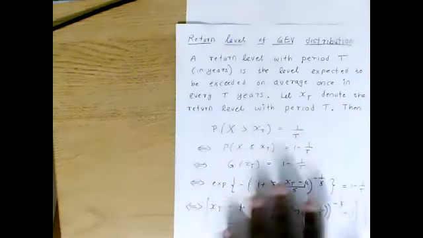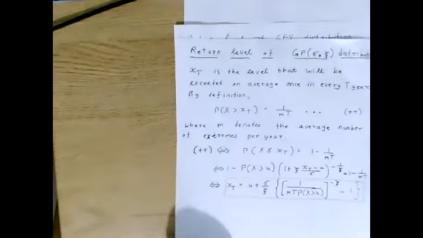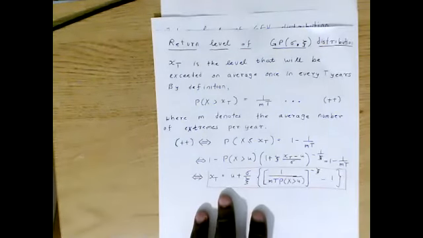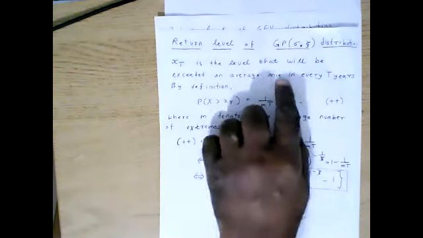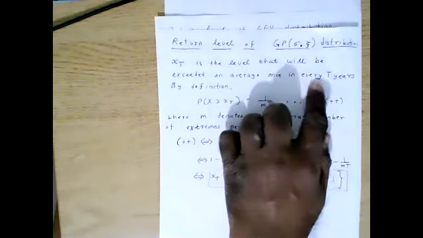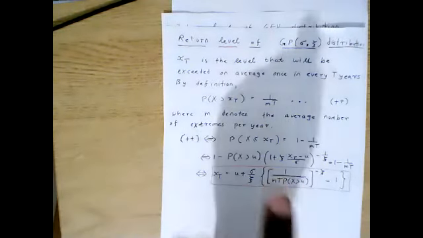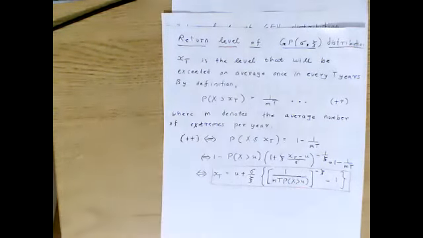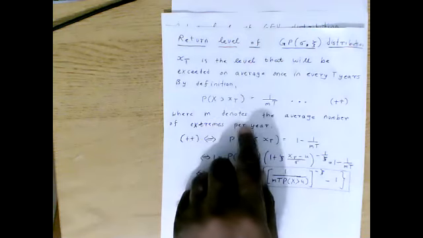So this is the case with the GEV, guys. Now, for the GP, the return level is the level that is exceeded on average once every capital T years. But because GP is defined differently, remember in here suppose there are little m exceedances every year, right?